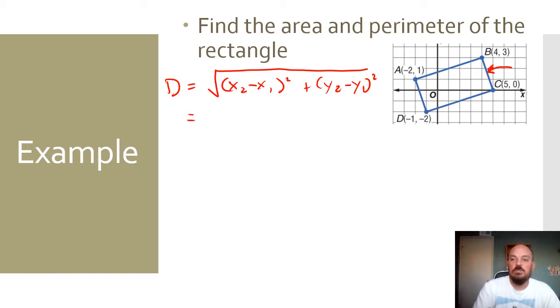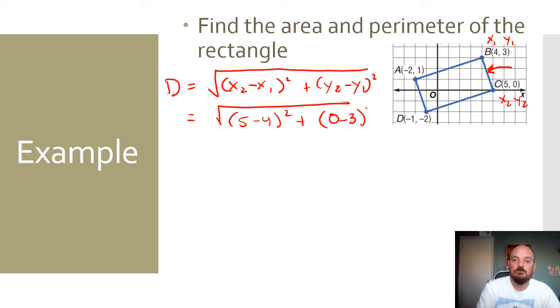And let's use this point B up here, the 4 and the 3, as x1, y1. And let's use this C down here, the 5 and the 0, as x2, y2. So what I would have for x2 minus x1 is 5 minus 4 squared. And for y2 minus y1, I would have 0 minus 3 squared.